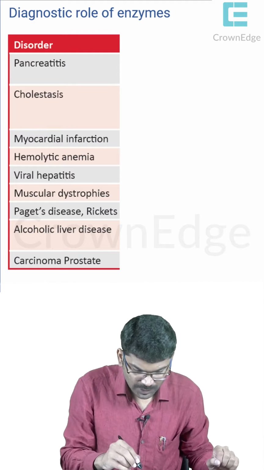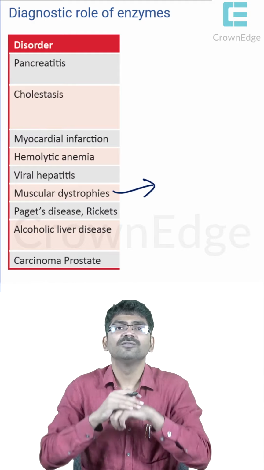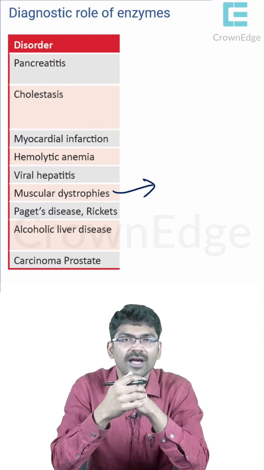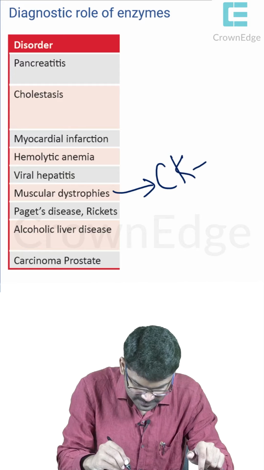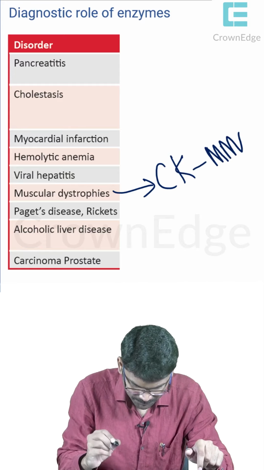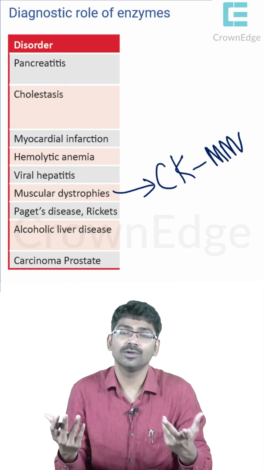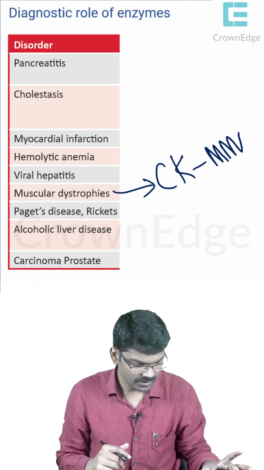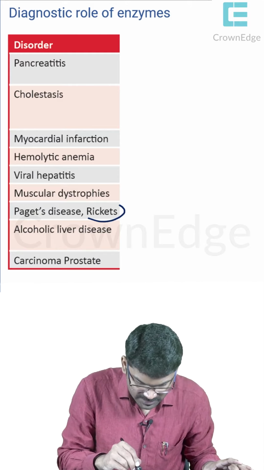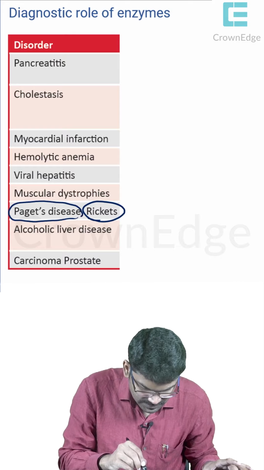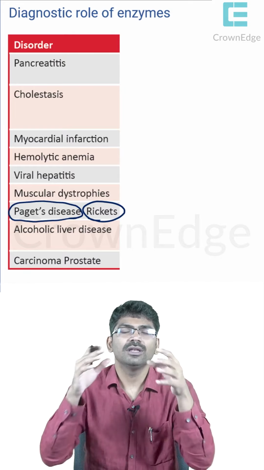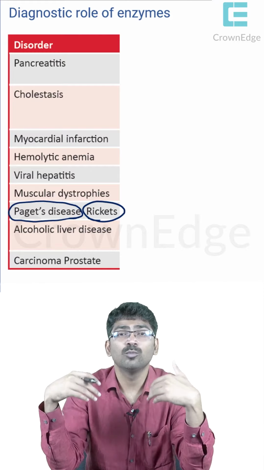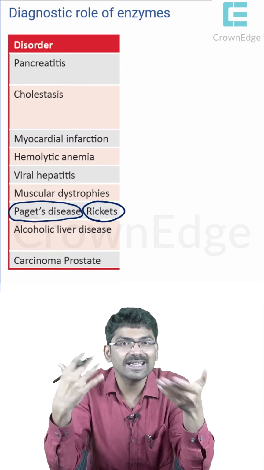Right. In muscular dystrophies, which isoenzyme will be high? It's your creatine kinase MM, right? The muscle isoenzyme. In rickets and Paget's disease, which enzyme will be high? In these conditions, there is more osteoblastic activity.